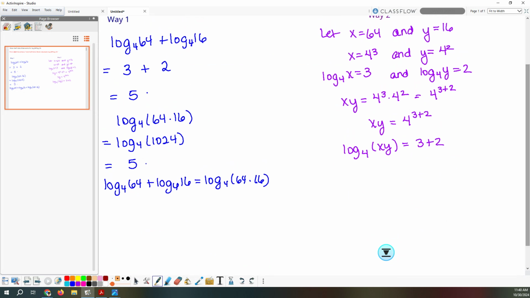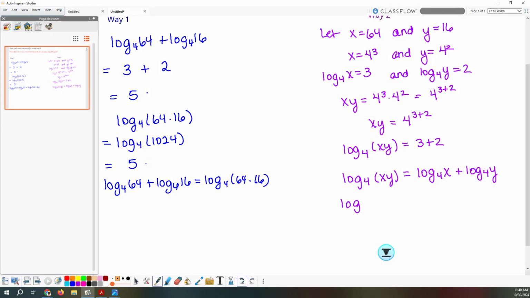Well, 3 we said equals the log base 4 of x. And 2 we said equals the log base 4 of y. And now let's replace x and y. We said that x equals 64 and y equals 16.